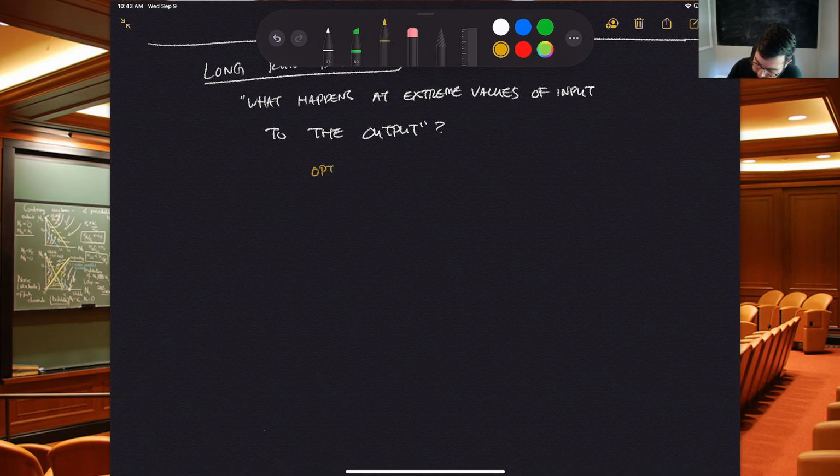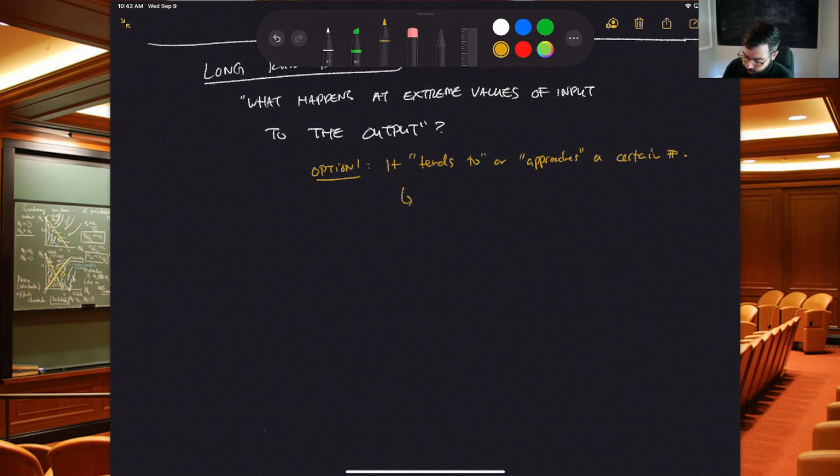Option 1, it tends to or approaches a certain number. I'll tell you right now, a lot of times that number is 0. Sometimes it's not. Sometimes it's a different number like 10 or 15 or 68.